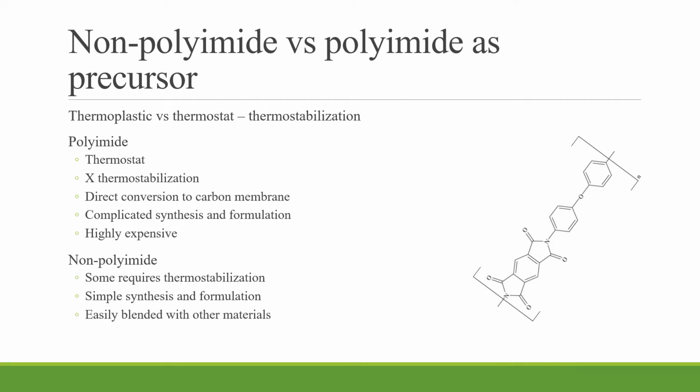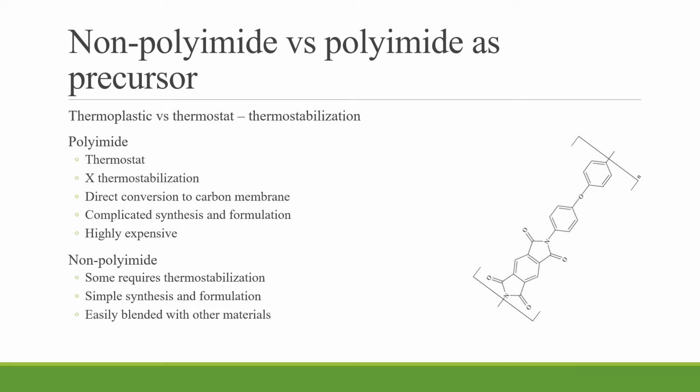Polyimide is popular as a carbon membrane precursor because polyimide is a thermoset. It means that when you convert it into the carbon membrane, when you treat the polymer at high temperature, you don't have to go for thermostabilization.